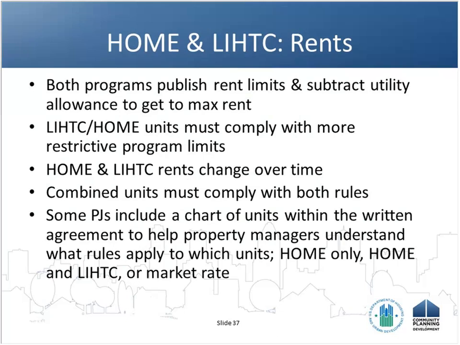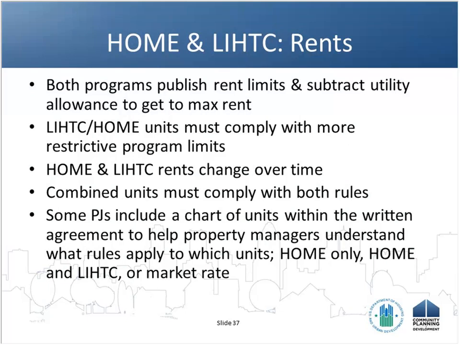For combination with HOME and low-income housing tax credit, both programs are going to have rent limits. Both programs are going to have utility allowances that need to be backed out to determine what that maximum rent is that we can actually charge that tenant.